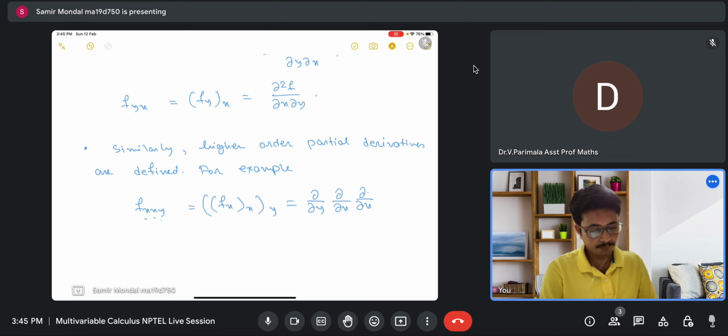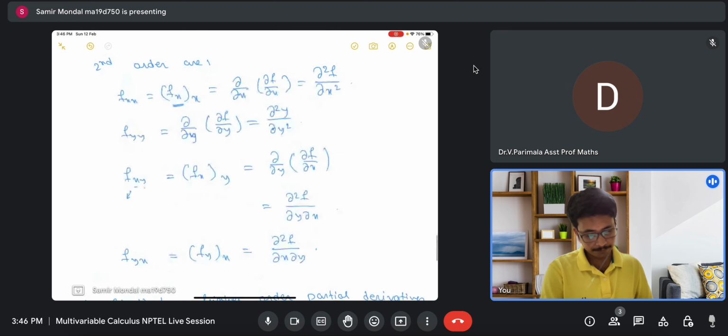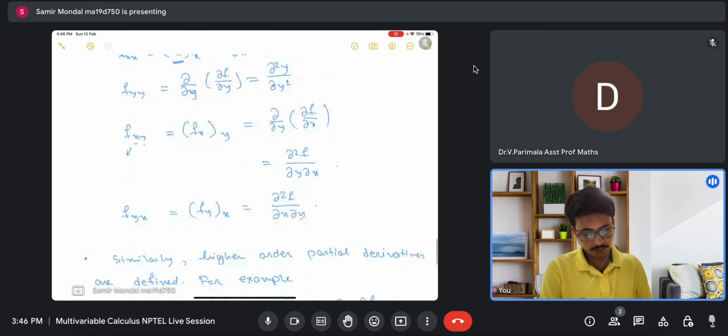This is nothing but f of x x y, or del 3 f by dy dx dx. Here one can ask one simple question: are these two derivatives the same? F of x y and f of y x. This is my question.